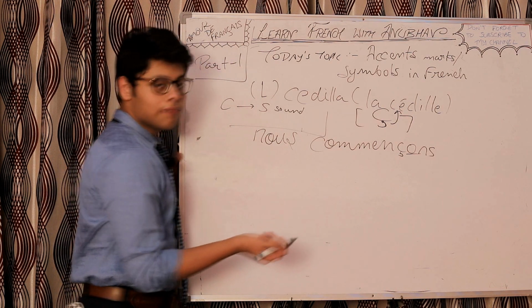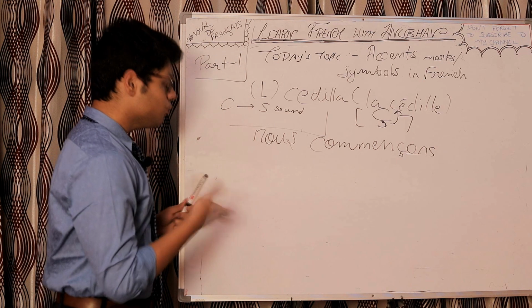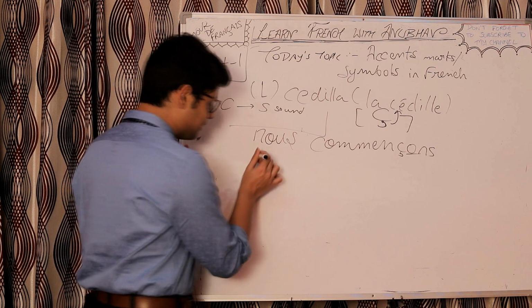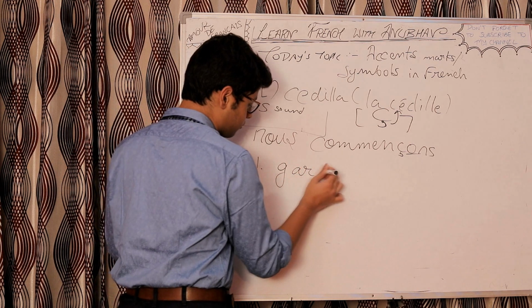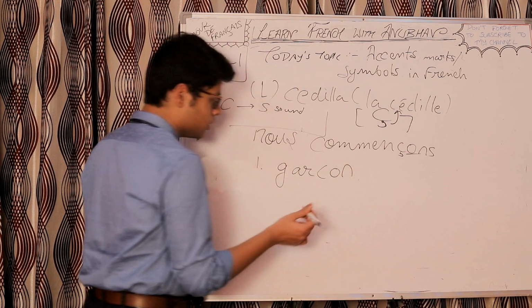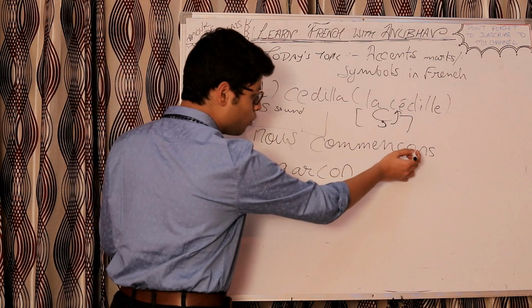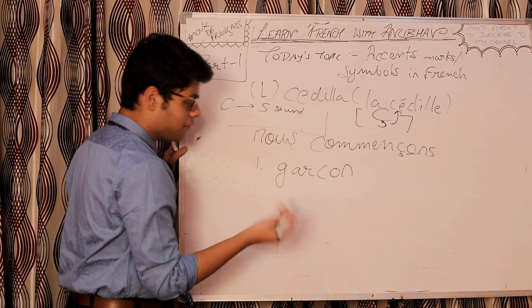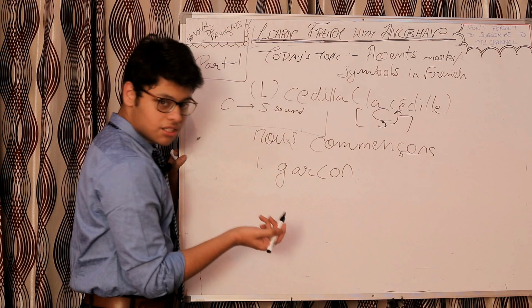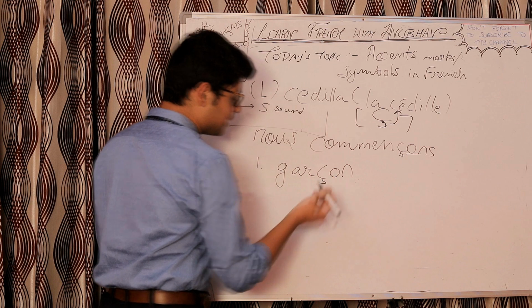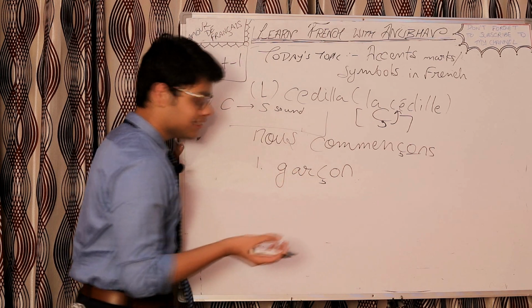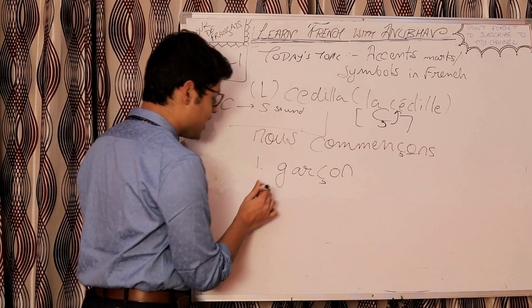Nous commençons, we begin. Now I'll be writing 2 more words. Say garçon. Similar example, since O comes after C, it will be like garcon, which would be really weird to hear. So we will put the cedilla here, so it will be garçon. A soft sound will get added up.